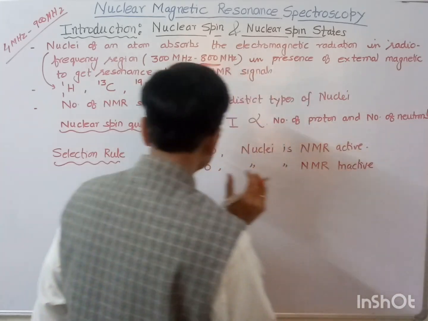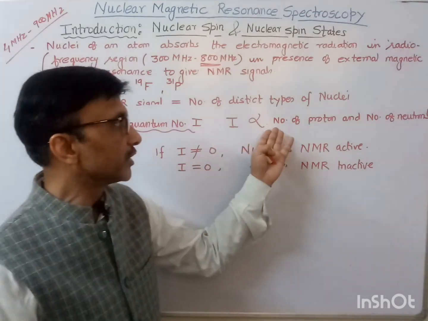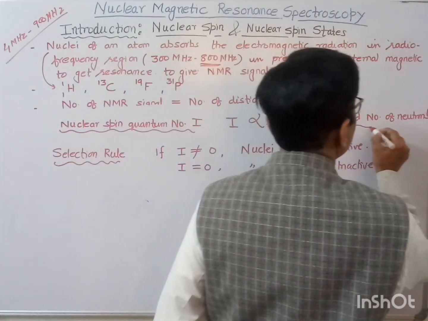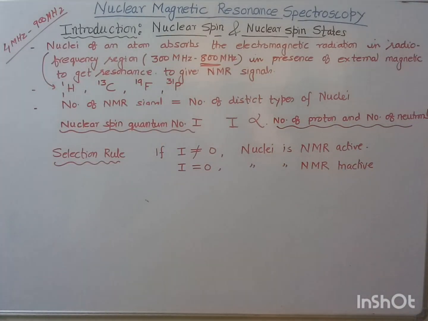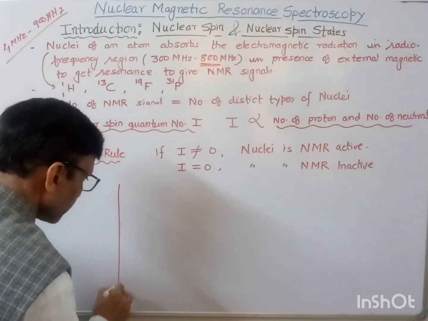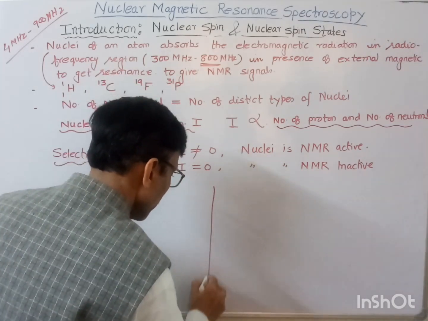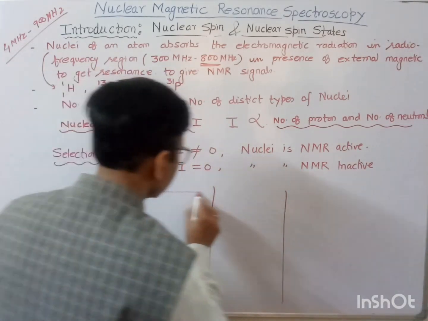So what I told you, the value of I depends upon the number of protons and the number of neutrons. So let us see how this value depends upon them. Now suppose we have different protons and different neutrons.